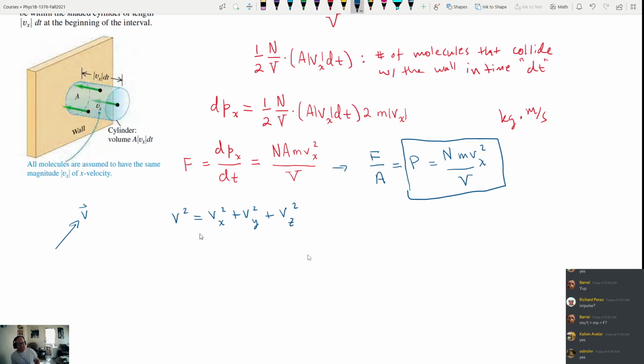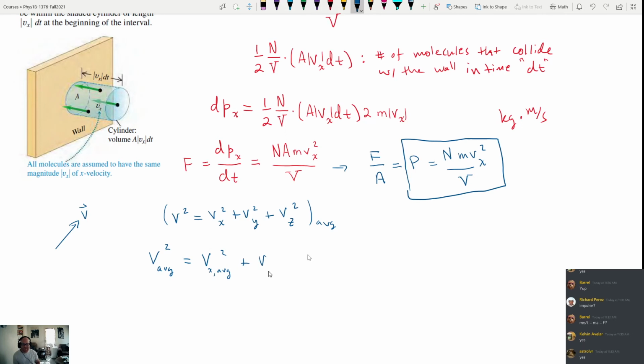And since we're talking about gases, where the velocities are a random distribution of fast-moving and slow-moving molecules, with most somewhere in between, we can average this entire equation out, so that instead of individual velocities, we talk about average velocities, because this is something we can describe for the entire system.